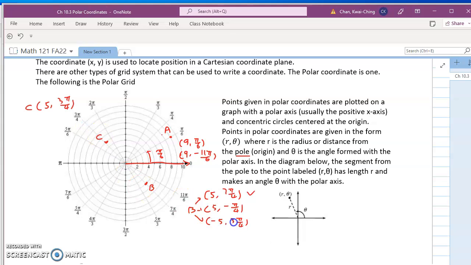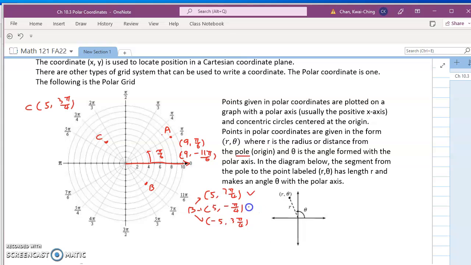But for the angle, I keep 3 pi over 4 because the 5, 3 pi over 4 was originally here. If I go negative, the radius would be opposite to it. It's kind of like vectors, like you go the opposite direction. So negative 5, 3 pi over 4 would be B. Although the angle is 7 pi over 4, I would still write 3 pi over 4 because I have a negative radius.